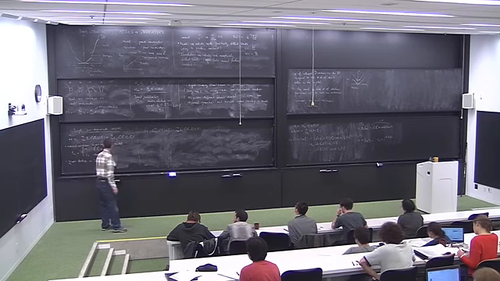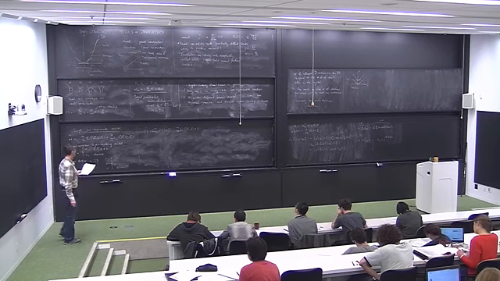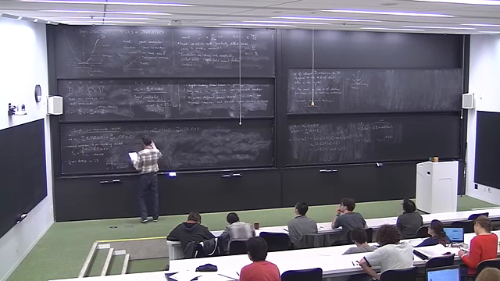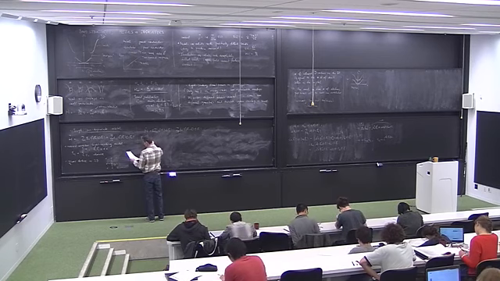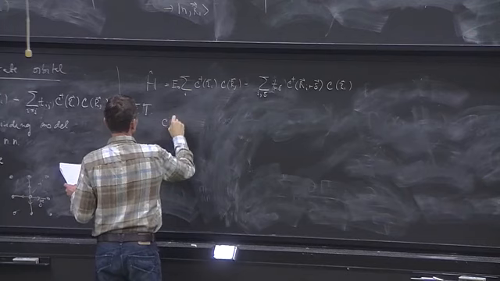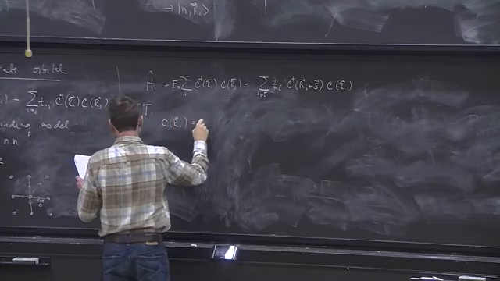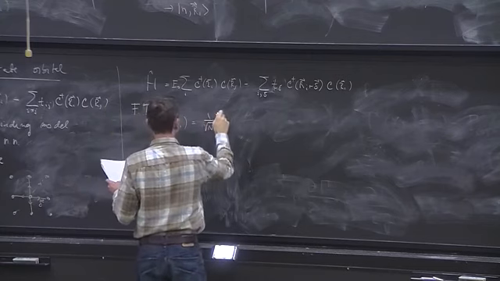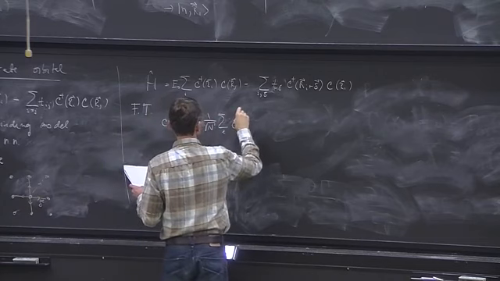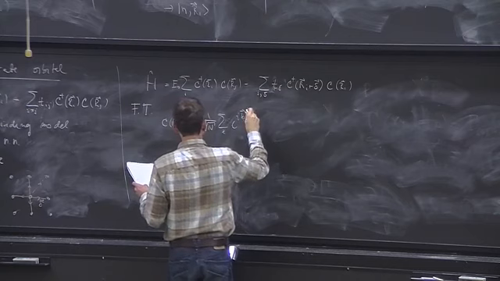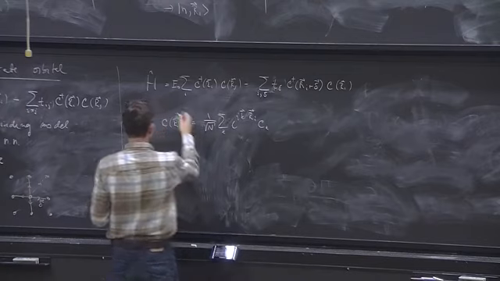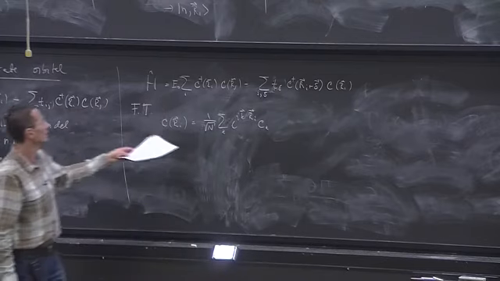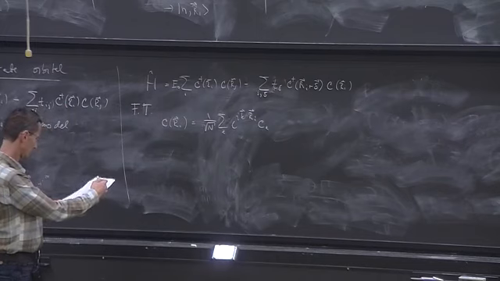OK, so this is, again, a periodic structure. So I expect that going to Fourier space will simplify this Hamiltonian. So I Fourier transform. And what I do, I write c of r_i as 1 over square root of N, sum over k, e to the i k dotted into r_i, times c of k. And similarly for c dagger, I substitute this into the Hamiltonian.